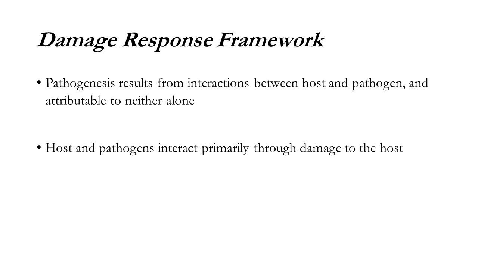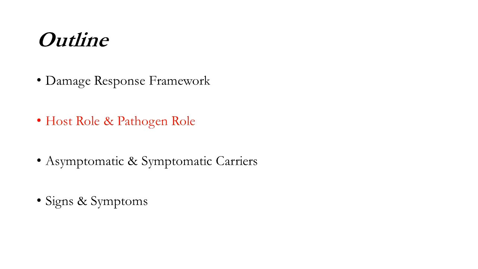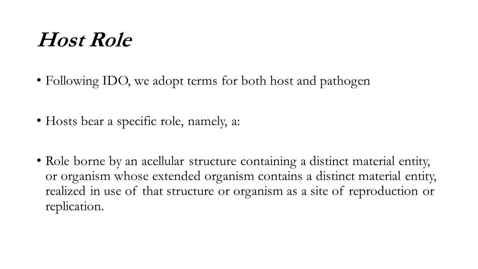Hosts and pathogens interact primarily through damage to the host, and host damage is a function of the intensity and degree of the host response and pathogen factors, each of which are determined by genetic and phenotypic profiles of the relevant entity. And this is our research conceit as we construct terms in the ontologies for hosts and pathogens.